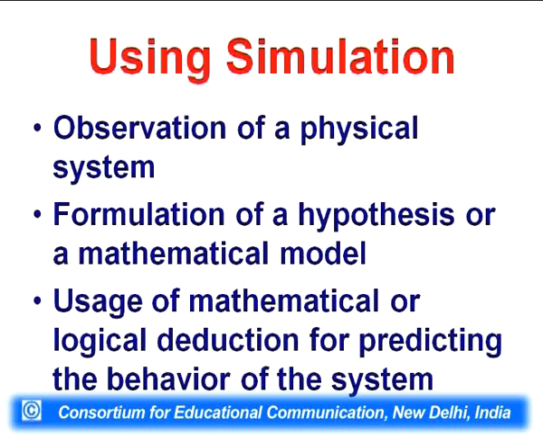When we make a mathematical model, it can be subjected to the changes we want. It can be subjected to modification as we want. And then when modifications are introduced, we can see their impact also.